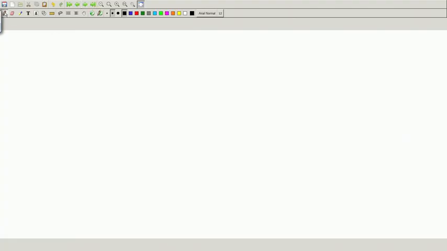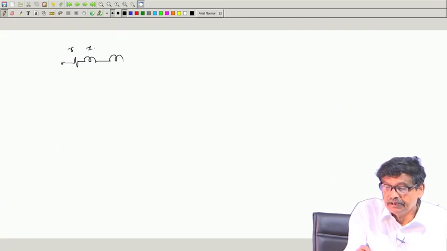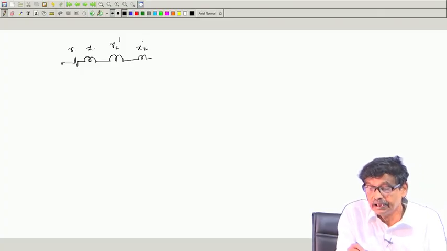So, I will redraw it on a fresh page. Here is your R 1 X 1, then the reflected values R 2 dash and X 2 dash. What is X 2 dash?